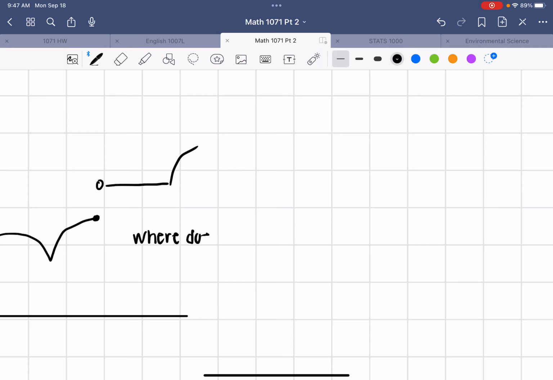So remember, G prime is the slope of the tangent. Where does this graph not have a tangent? Well, you see at the origin, this thing is asymptotic. It's blowing up on the left-hand side.